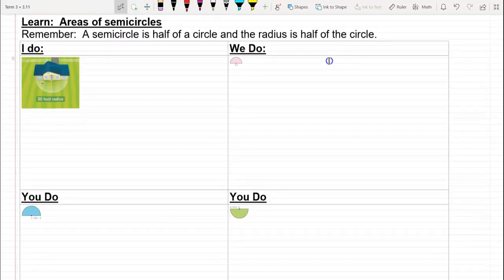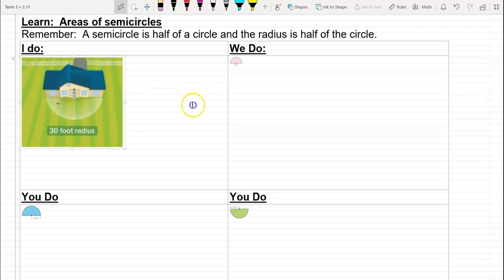So for this problem here, our I do problem, I want you guys to notice that the radius is 30 feet. We're asked to calculate the area of the semicircle.